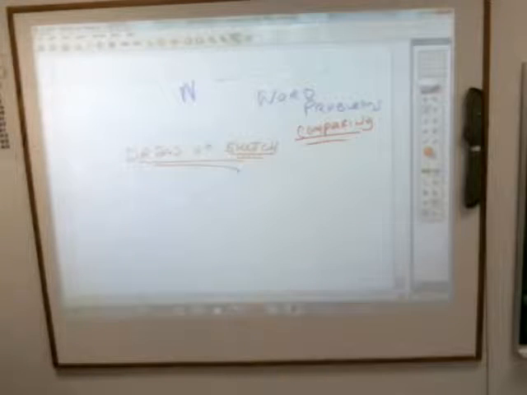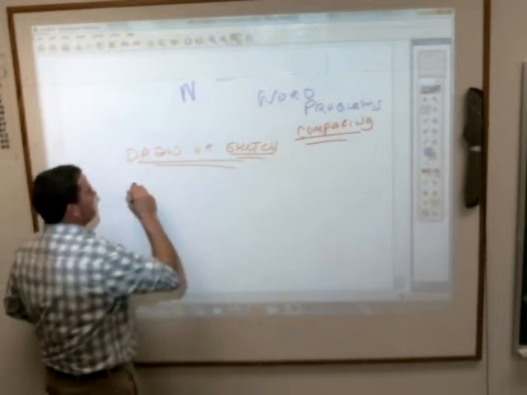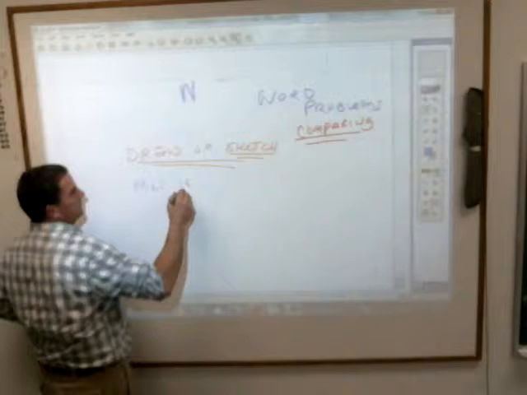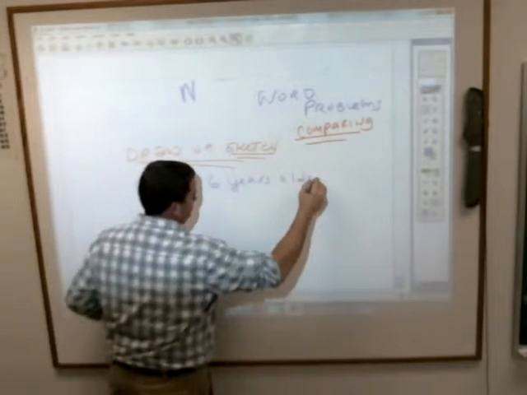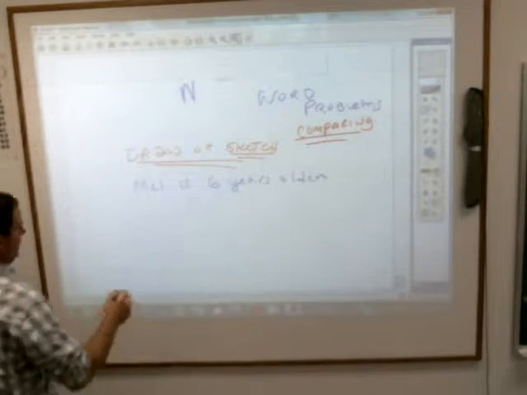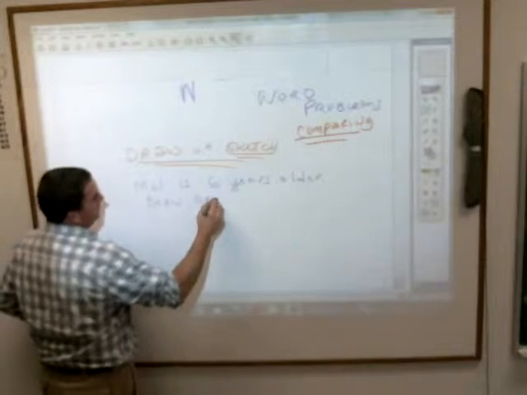This is just trying to give yourself a better way to look at the problem. For example, here is a problem. Mel is 6 years older than his brother Bob.